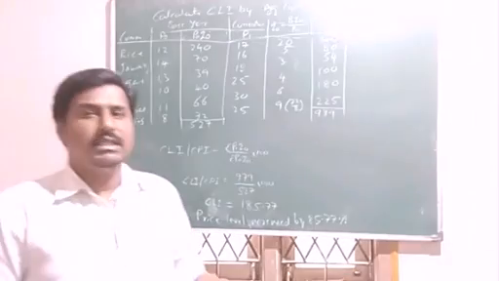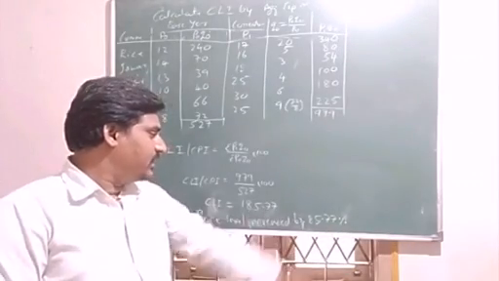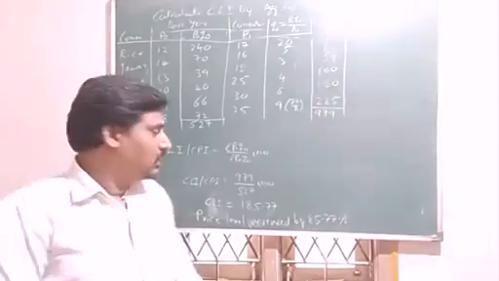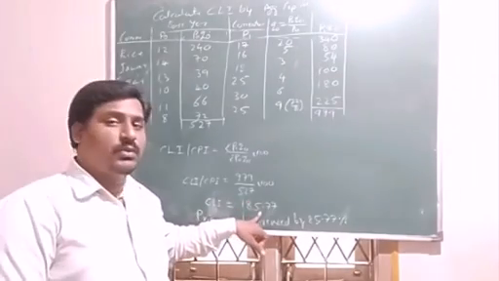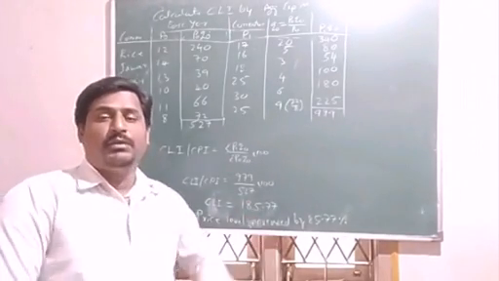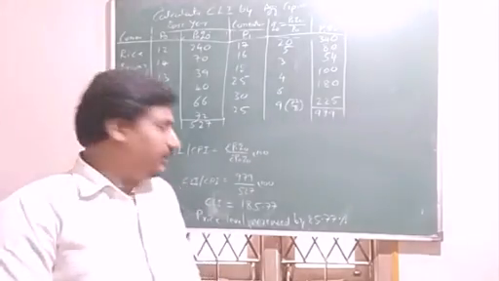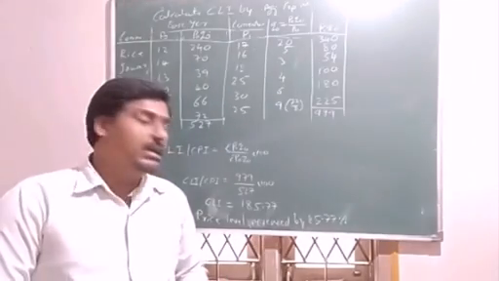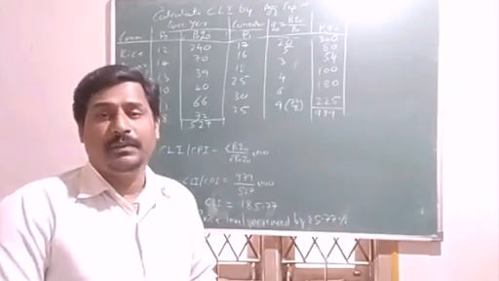How did we get that? Just deduct 100 from 185.77, so we get 85.77. So price level increased by 85.77%.